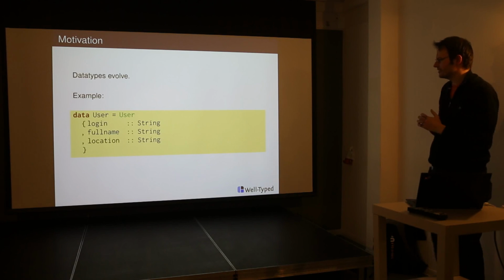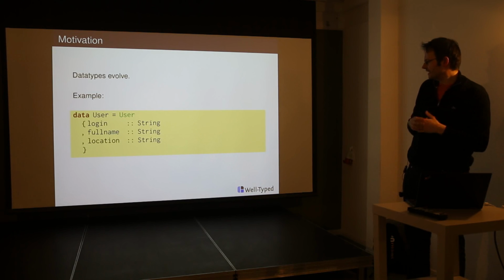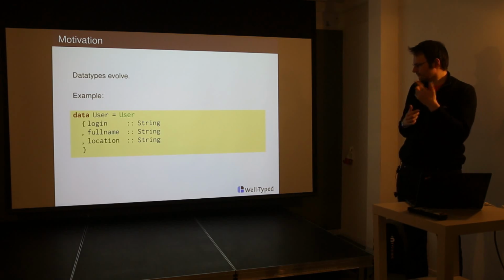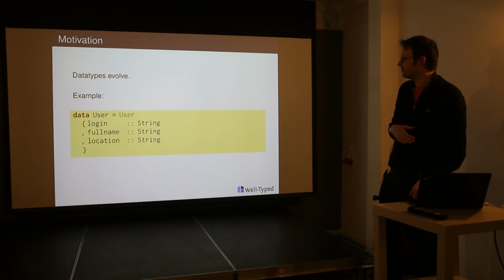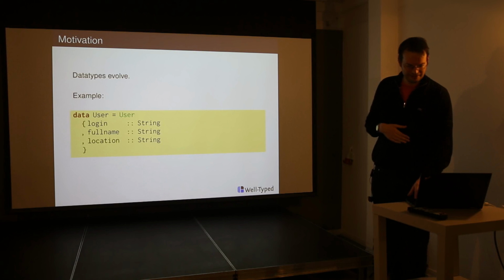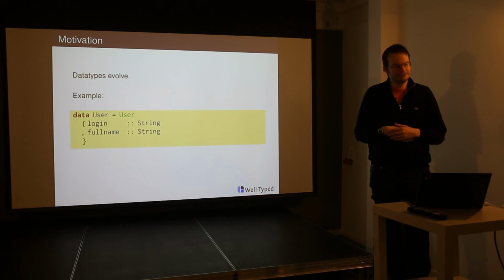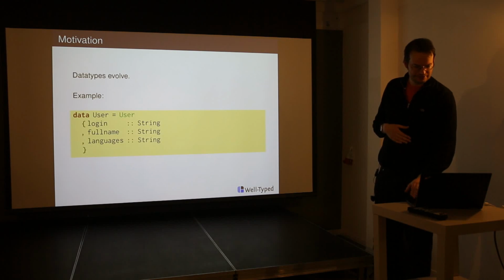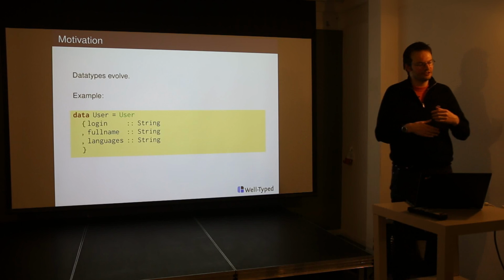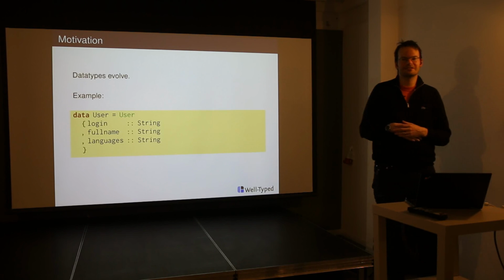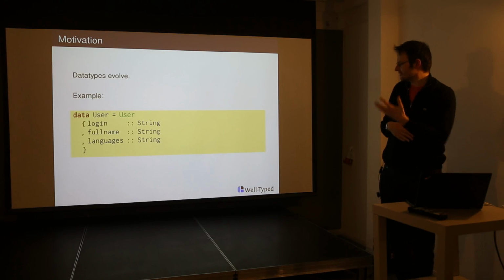You have a user type which perhaps starts out with three elements: a login, a full name, and a location. Then you decide at some point, oh no, actually we don't need the location anymore, so you remove that. And then you decide that you want to record for every user what their favorite programming languages are, and you add that as an extra field.